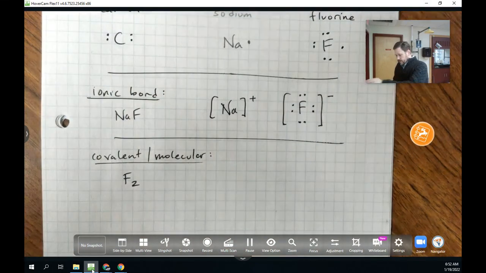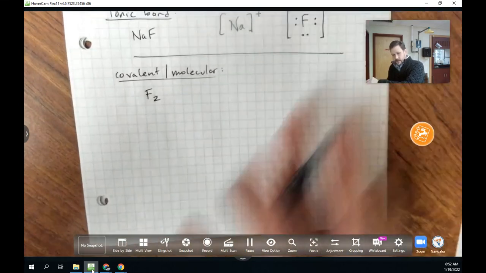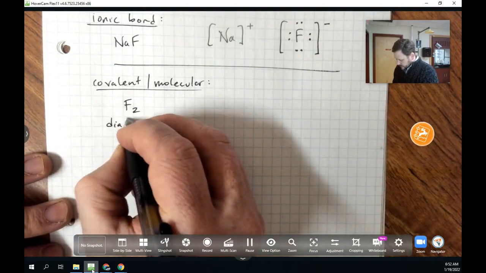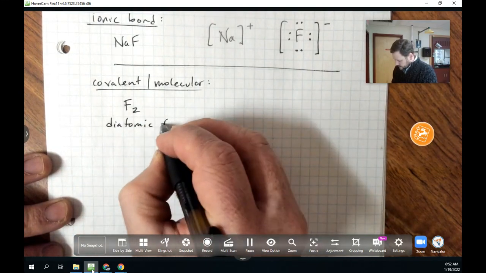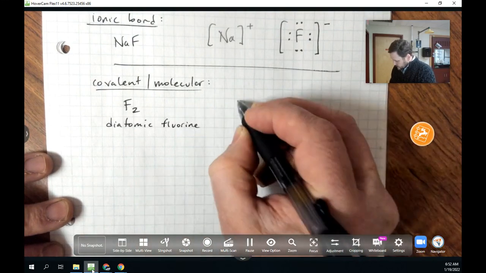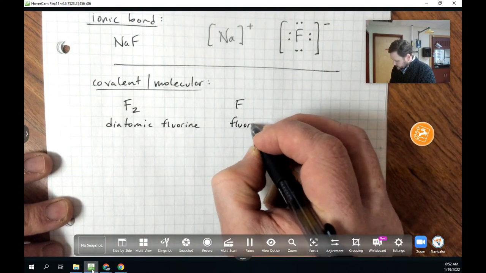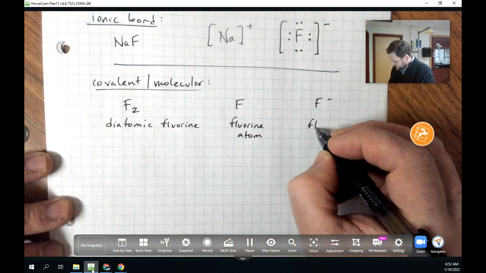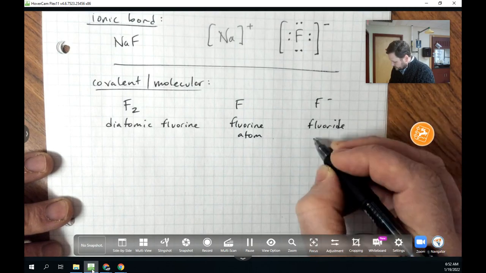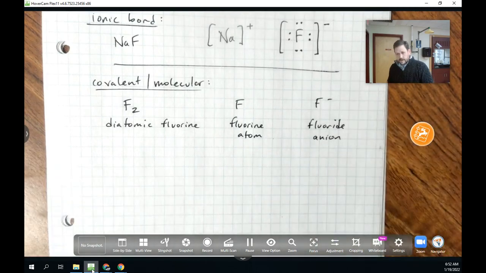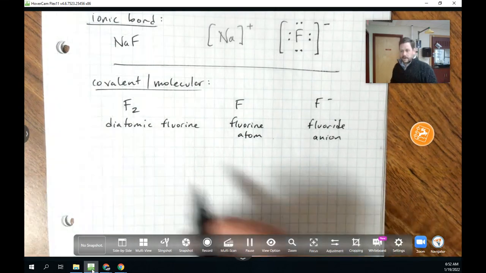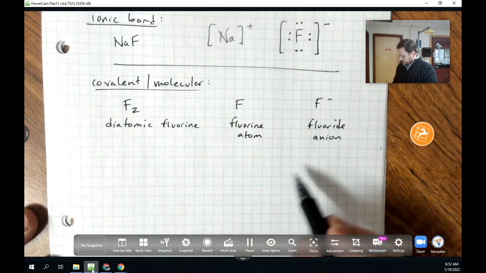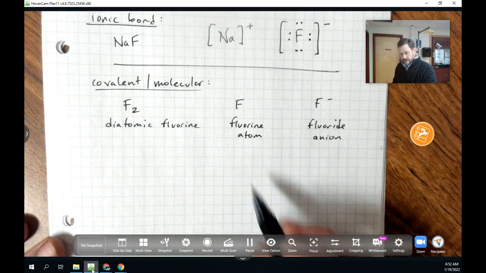Now, we want to make sure that we understand the difference between, for instance, a fluorine molecule, which is diatomic, a fluorine atom, which is really a very unstable species, and a fluoride anion. So these are all very different species. And there aren't Lewis diagrams shown here, but I do want to show how the Lewis diagram of the molecule is different from the Lewis diagram of the atom.